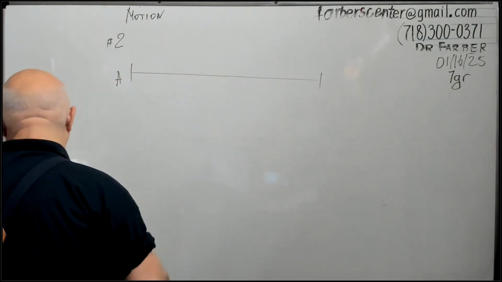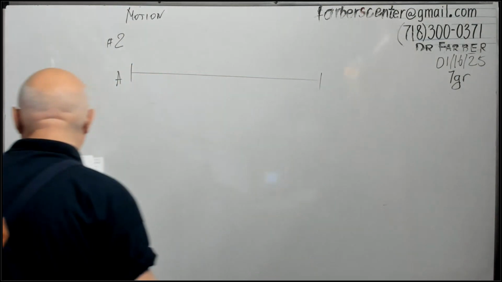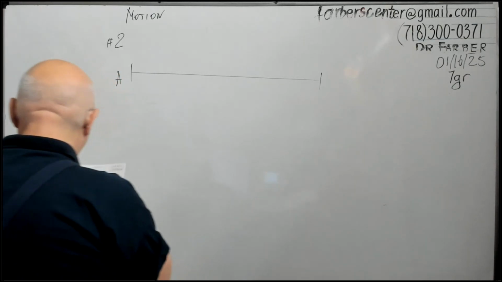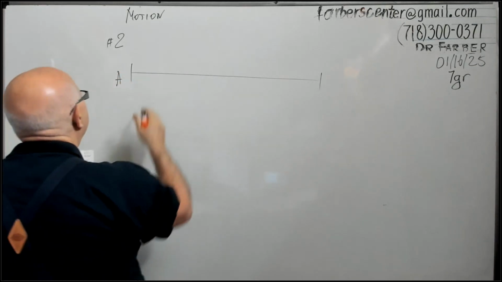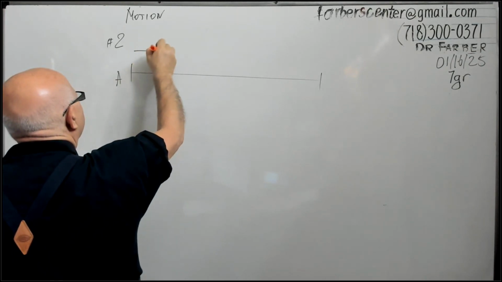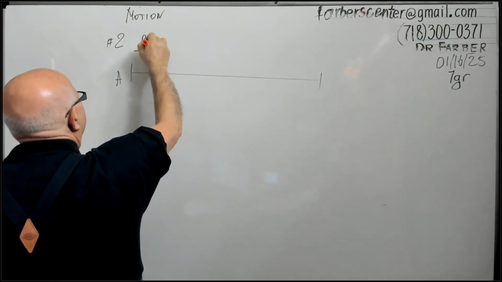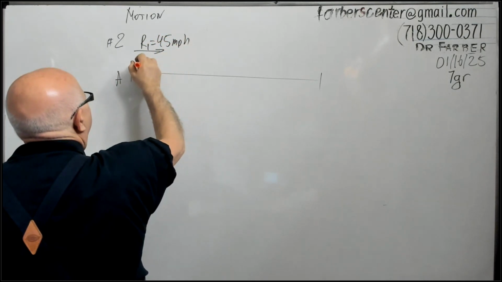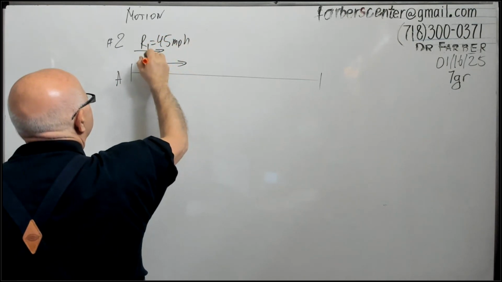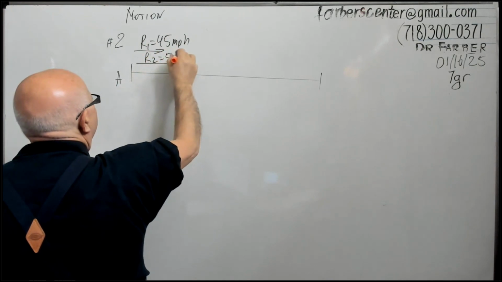Starting with point A, we have two options. Either R1, which is 45 mph, or the bigger vector, R2, which is 50 mph.